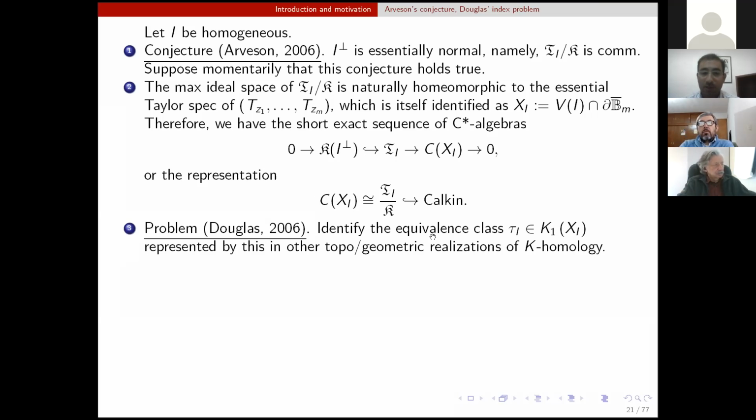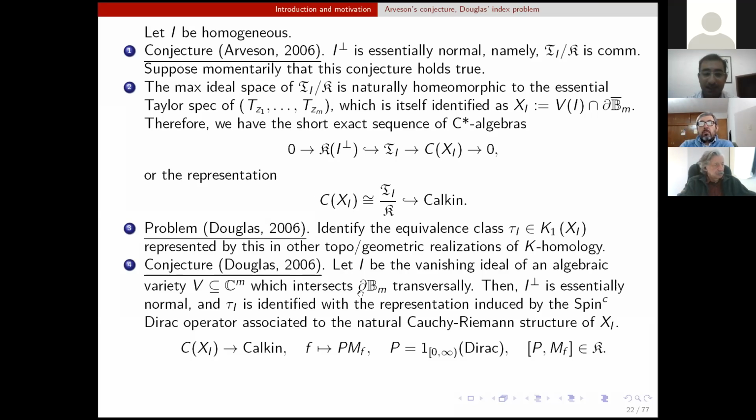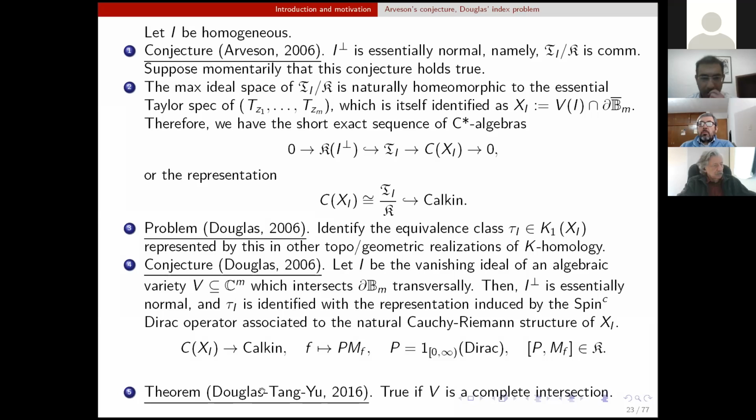And Douglas's problem is to identify this one, and his conjecture was that in the specific geometric situation, if everything is nice, if the ideal I is radical and it is a vanishing ideal of an algebraic variety V, which intersects the boundary of the unit ball transversally, then this C-star algebra representation gives an element of K1, and Douglas's conjecture tells you that it is exactly given by another famous element in K1, which is given by projection onto the positive side of the spectrum of the spin-Dirac operator. Okay, but my advisor Tang, together with Douglas and Liang several years ago, proved that this conjecture of Douglas is true if V is a complete intersection.